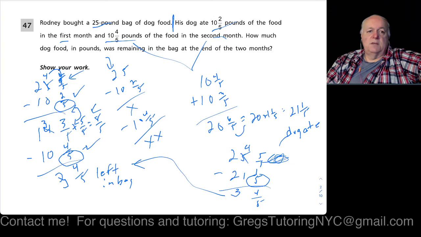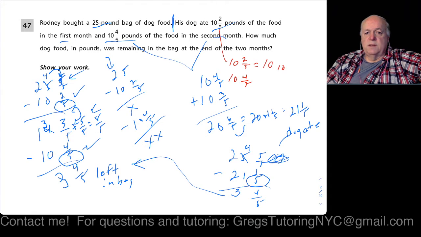Let me change the color so we get some clarity. We have two numbers, 10 and 2/5, and 10 and 4/5. If we map this to tenths, how many tenths is 2/5?